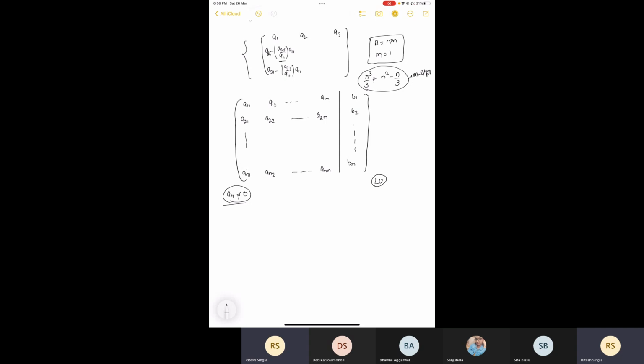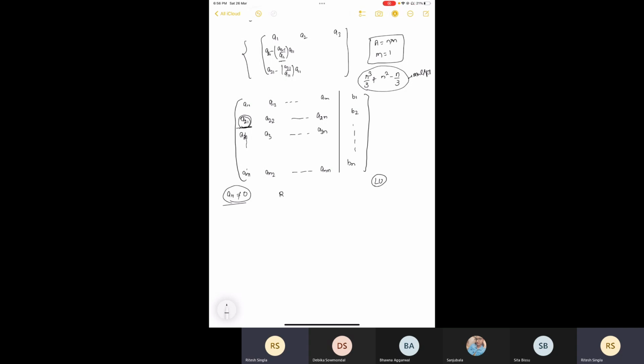Then she assumed A22 delta is non-zero and so on, right? What is our primary target? We want to make this entry zero first of all.